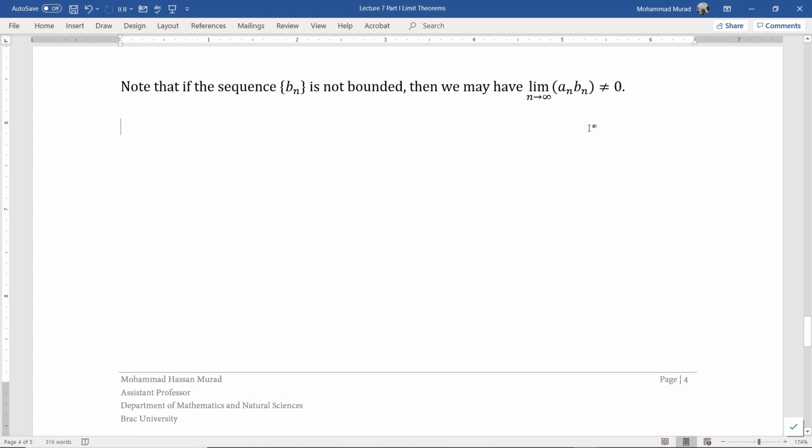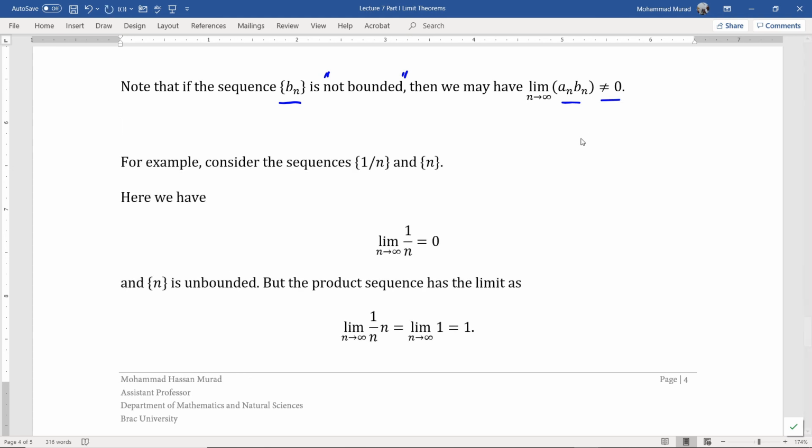Note that if the sequence b sub n is not bounded, then we may have the limit of the product a sub n b sub n as n approaches infinity not equal to 0. For example, consider the sequences a sub n equals 1 over n and b sub n equals n.